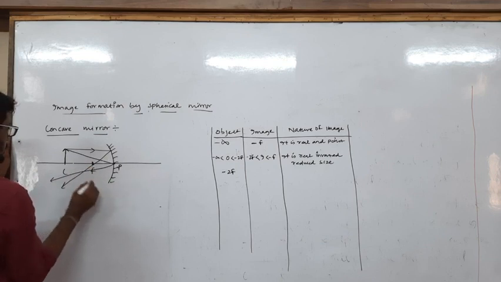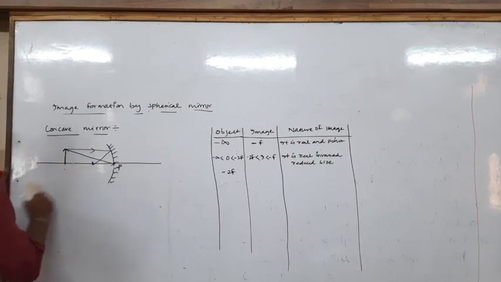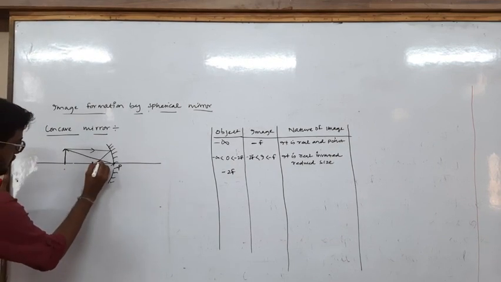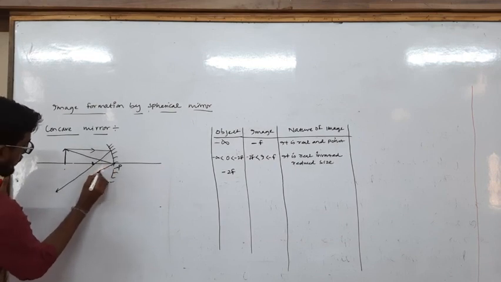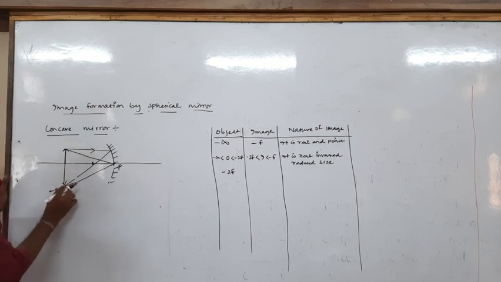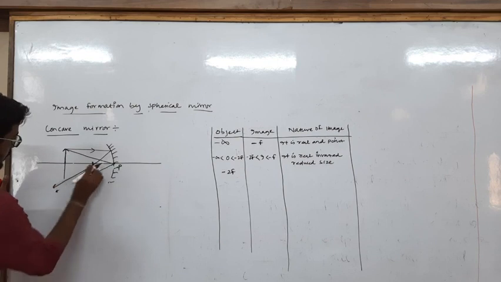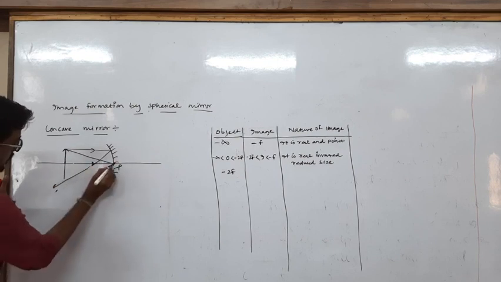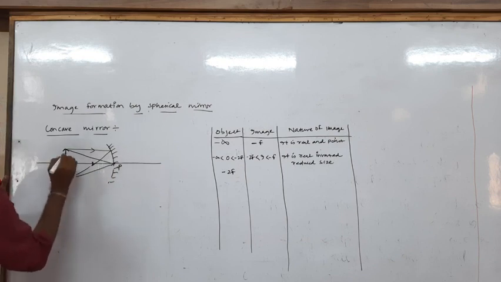So this will be the image, let it be A, B, this will be the same as A dash, B dash.